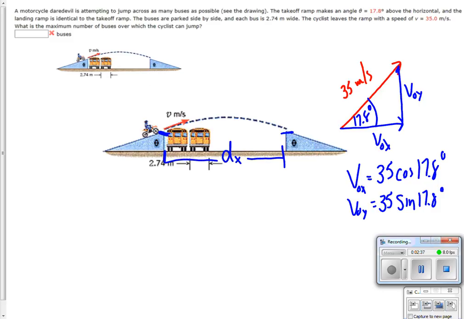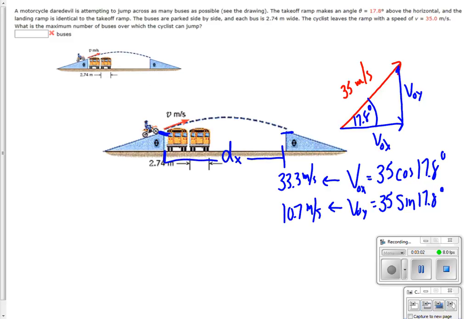So this daredevil is traveling horizontally with a speed of about 33.3 meters per second, and his vertical launch speed is about 10.7 meters per second.